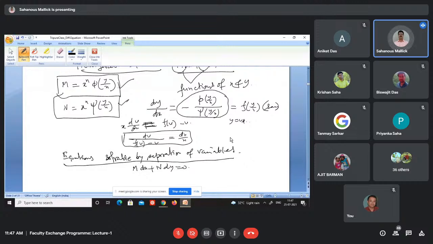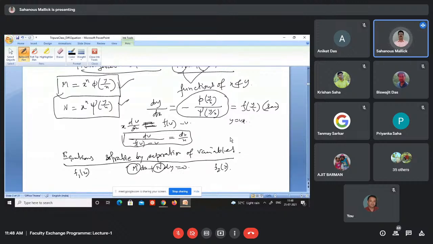Again I say M and N are both functions of x and y. If M is a function of x only, say f1(x), and N is a function of y only, say f2(y), then this equation is said to have separated variables, that is f1(x) dx plus f2(y) dy.